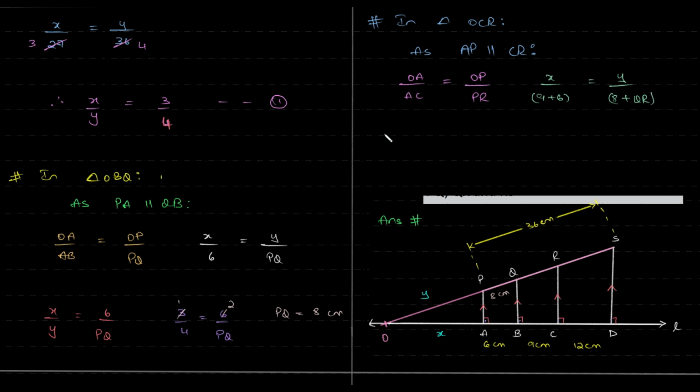Yes, and then we have X by Y is equal to 15 by 8 plus QR. But this is what? This is 3 by 4, which is equal to 15 by 8 plus QR. Quite simple calculation. 1s are 5s are 20. So QR is equal to 12 centimeter, right? It has to be 12 because this entire length is 20.